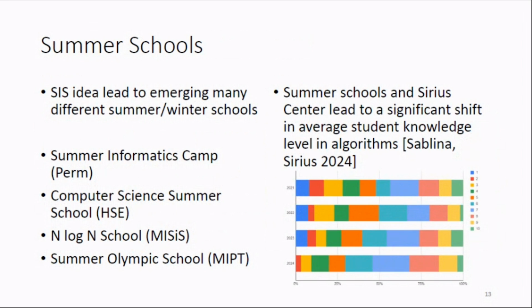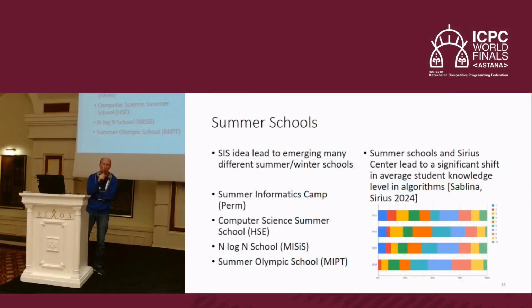So the widest part, which is blue, is level 6 and 7 in our school, which is approximately, I think, Codeforces 1,800 to 2,200, like this range of rankings, maybe a little lower, maybe 1,600 to 2,000.